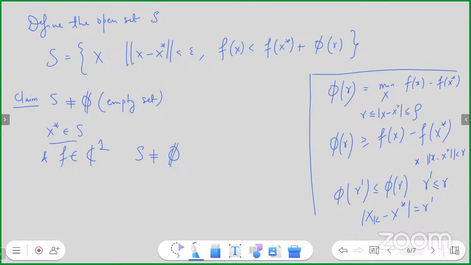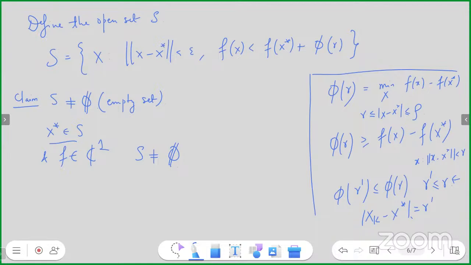Here you're saying r prime is less than r. R has been used to define S. So why is it r prime? Because it belongs to S. Is that what you claim? What do you know? xk belongs to S. Is that why you're saying r prime is less than or equal to r? x star is not important.